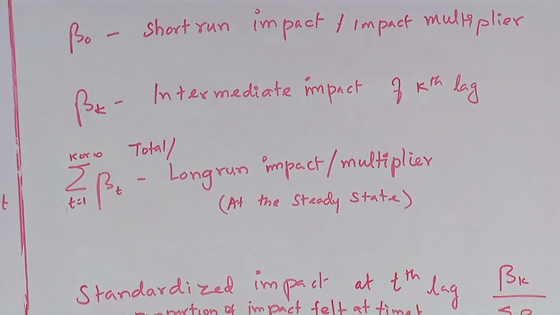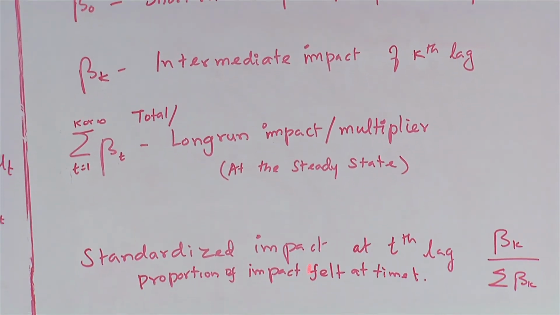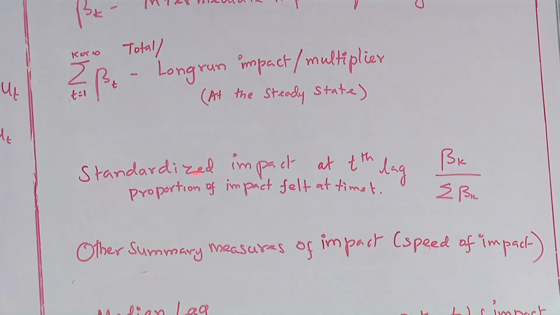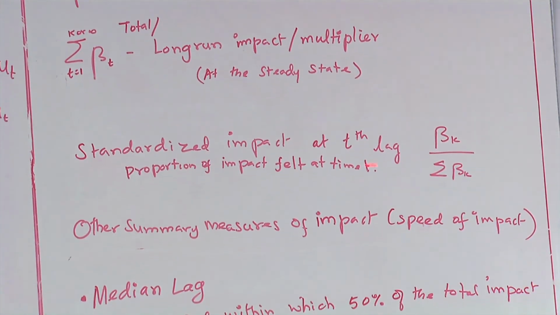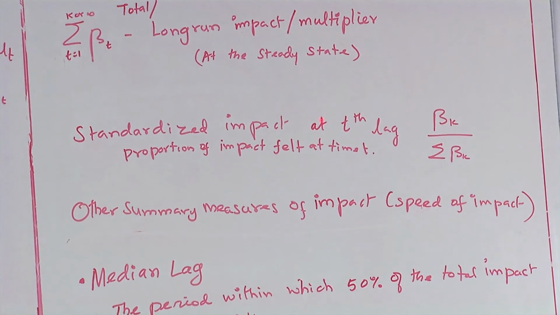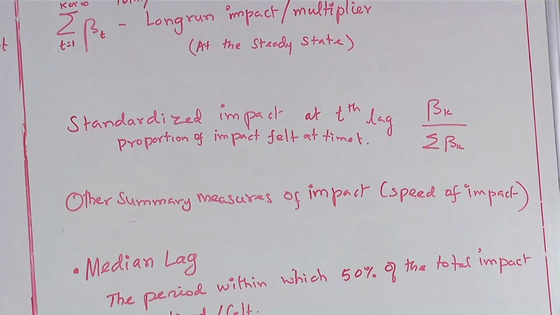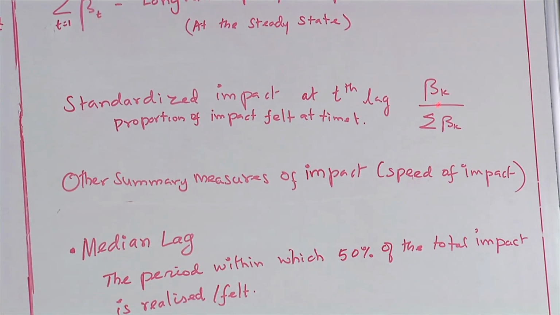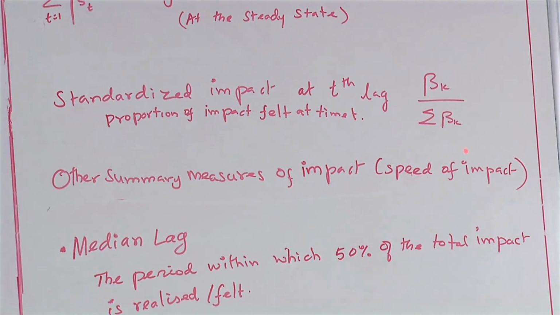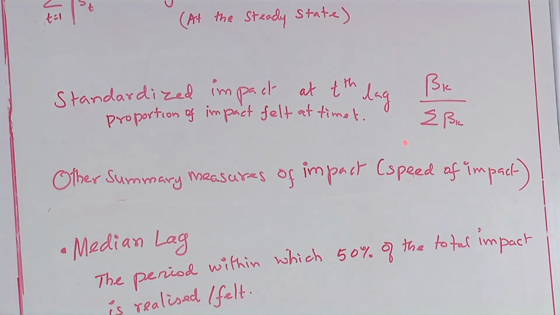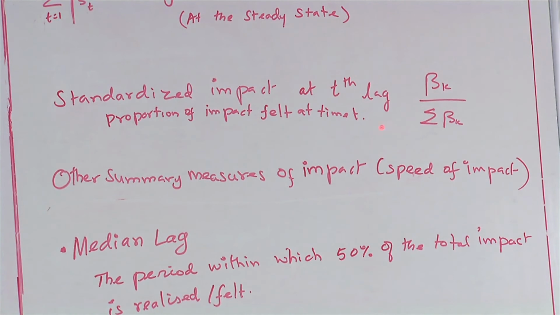And we can define the standardized impact measures. The standardized impact at the kth lag may be defined as beta k divided by the sum of beta k. This is the proportion of impact felt at the kth time.